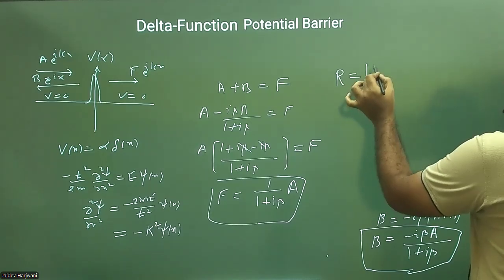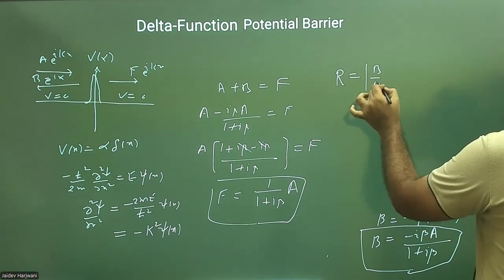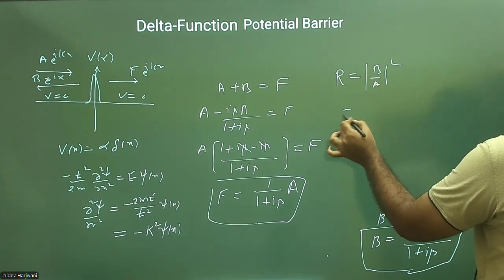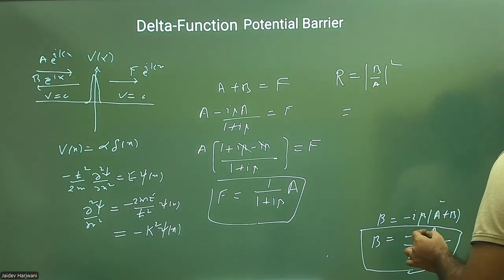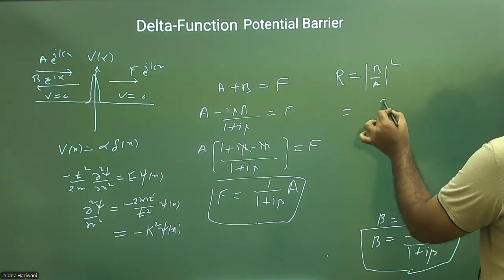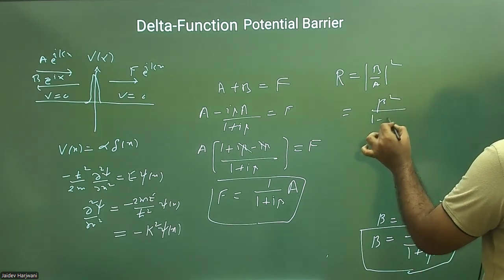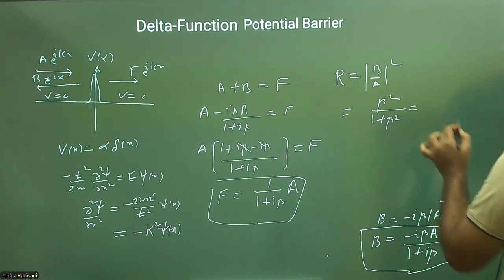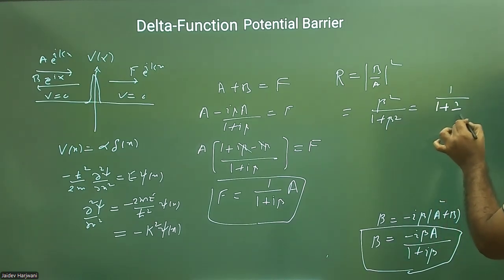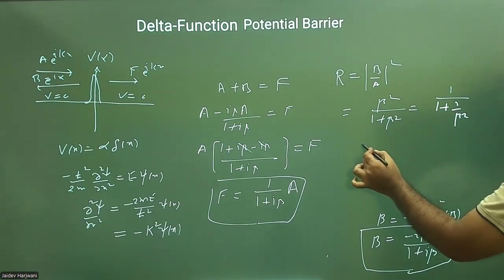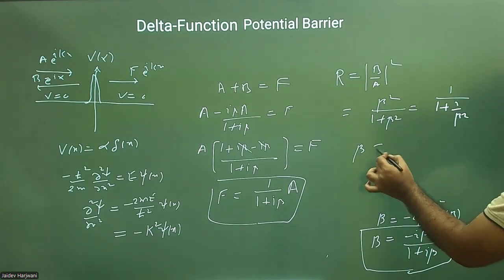The reflection coefficient will be B upon A mod square. So B upon A mod square will be beta square upon 1 plus beta square, and this we can write as 1 upon 1 plus 1 upon beta square.